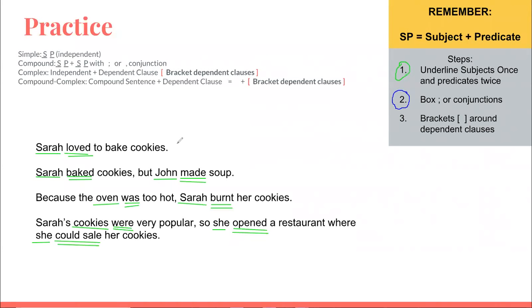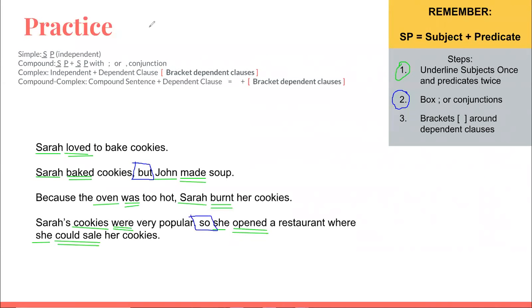I don't even have to read the sentence to figure this part out. I just scan the sentences. Oh, we've got a comma and one of my fanboys, so comma, but. And then "because the oven was too hot," comma, but there's no conjunction there. We've got a comma and a conjunction, that's our so. So we've got our boxes done.